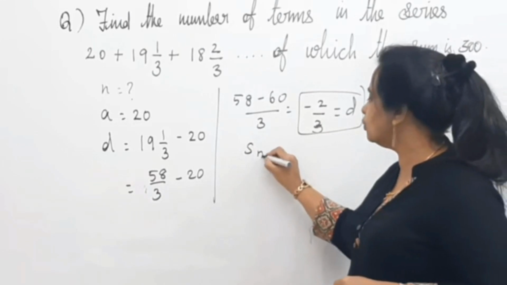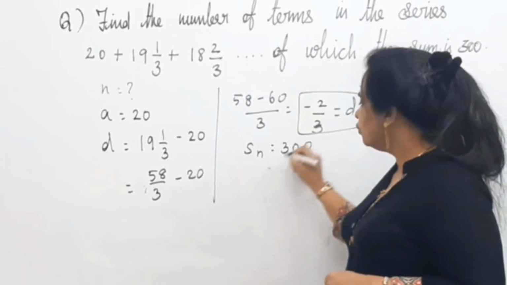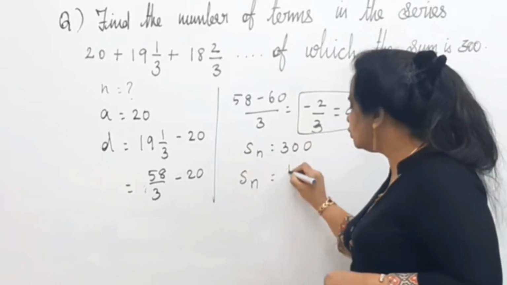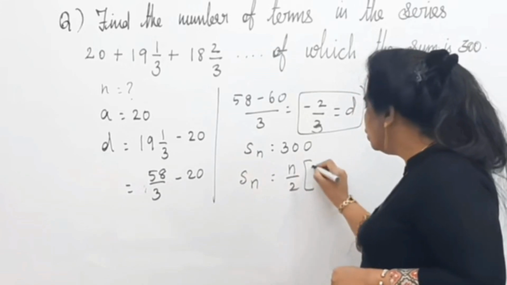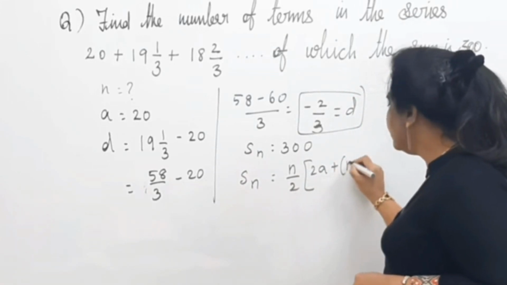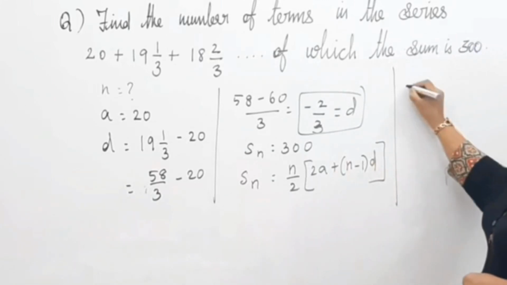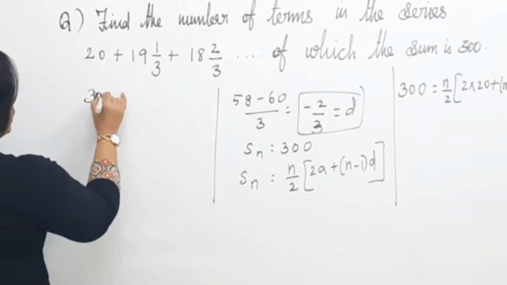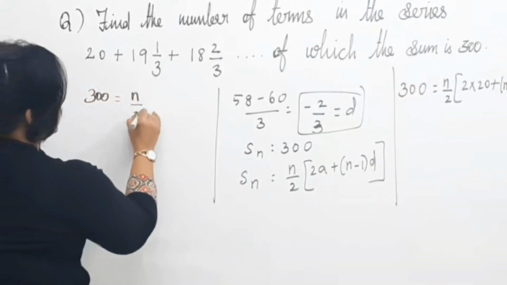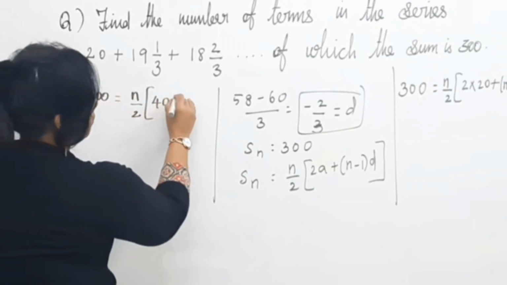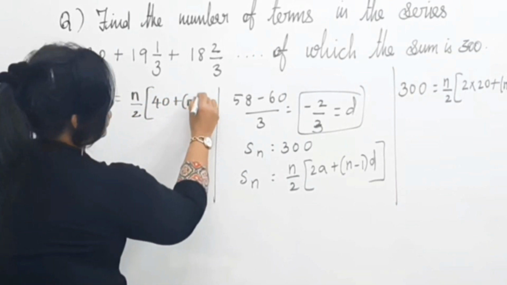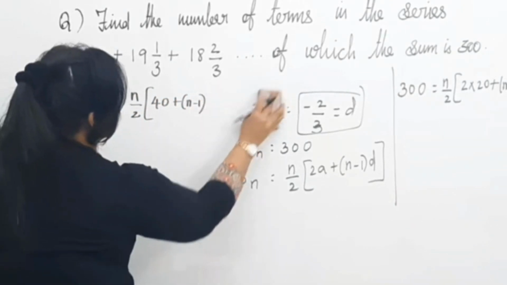Sn is equal to 300 given. So let me go for Sn is equal to n by 2 into 2a plus n minus 1 into d. My aim is to find n. So 300 is equal to n by 2 into 40 plus n minus 1 into minus 2 by 3.